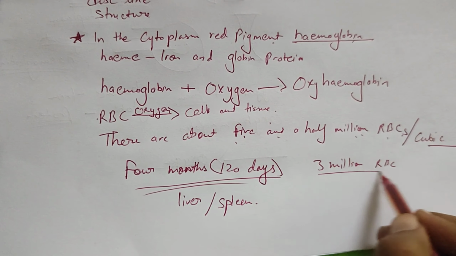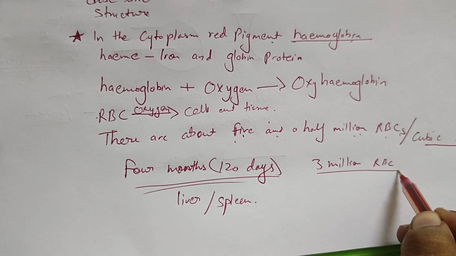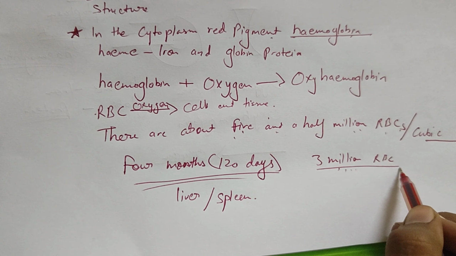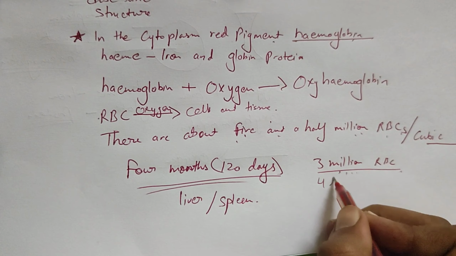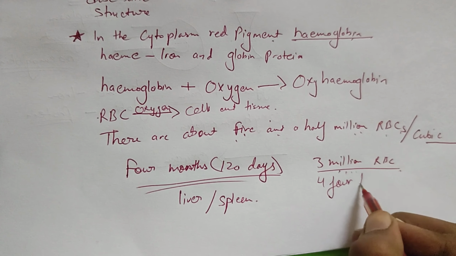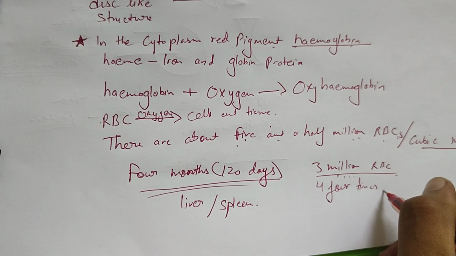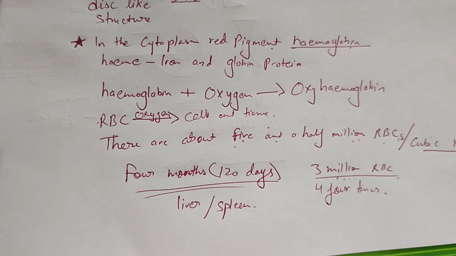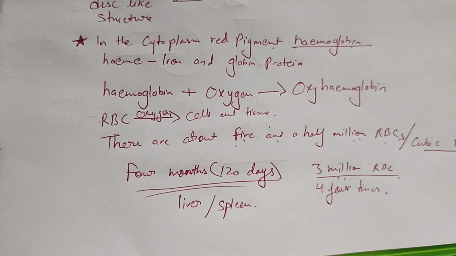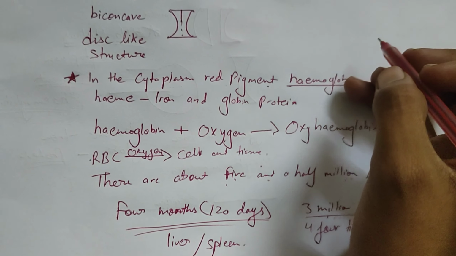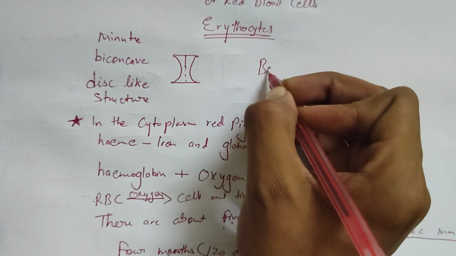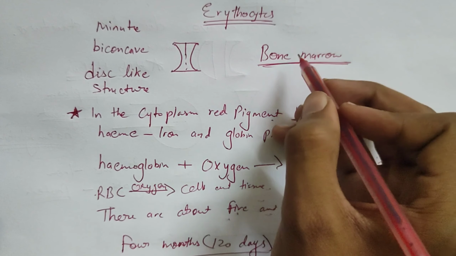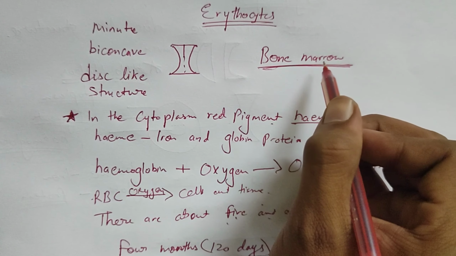There are 3 million cells being destroyed every day, and about 4 times more cells are being formed every day. If you ask me where the RBCs are produced, the RBCs are produced in the bone marrow.